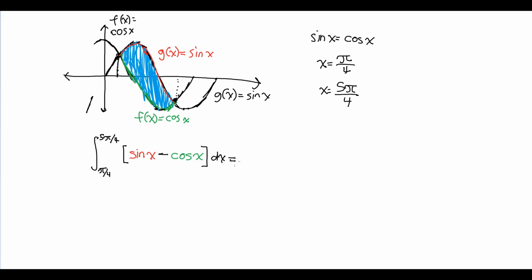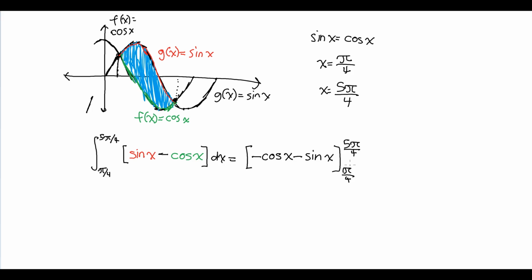Okay, and if we evaluate this integral, well, what do we get? We get negative cosine of x minus sine of x from 5 pi over 4 to pi over 4. So it looks like we have a problem, but let's substitute in to see if we really do have a problem.